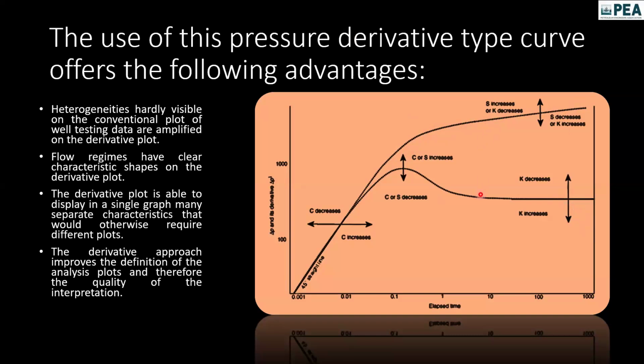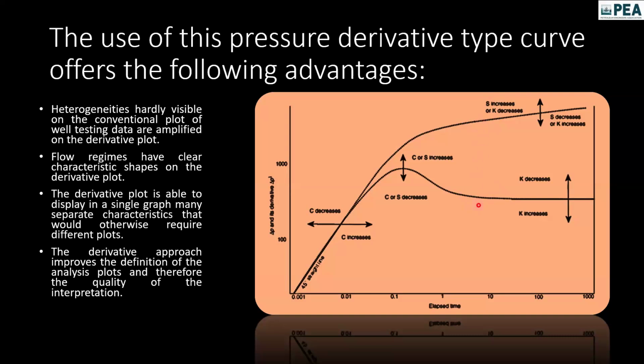Here there is some gap between build-up as well as derivative. That represents that your well has a skin zone. If the gap is less, the skin zone layer is lesser. The gap represents the layer, the damage. If the gap is more, the damage is more. If the gap is less, the damage is less.